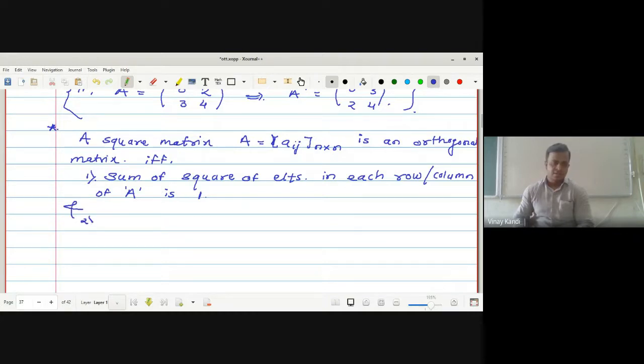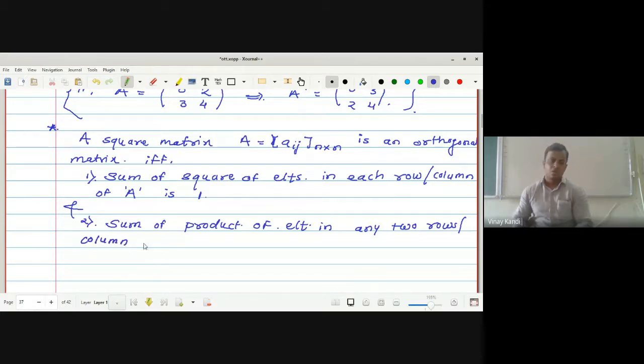And the second one is the sum of products of elements in any two rows or columns of matrix A is 0. If these two conditions are satisfied, then we can say that A is an orthogonal matrix.